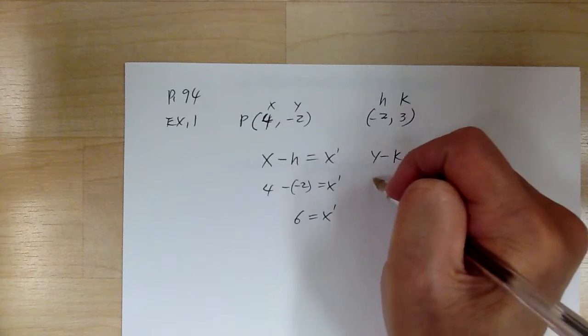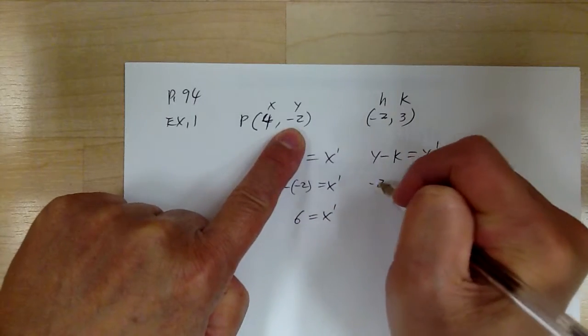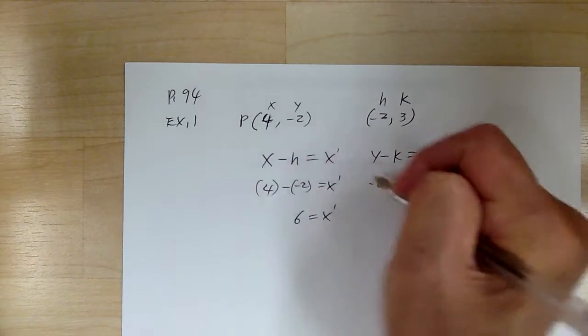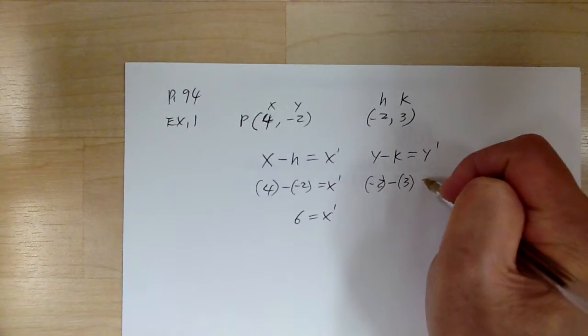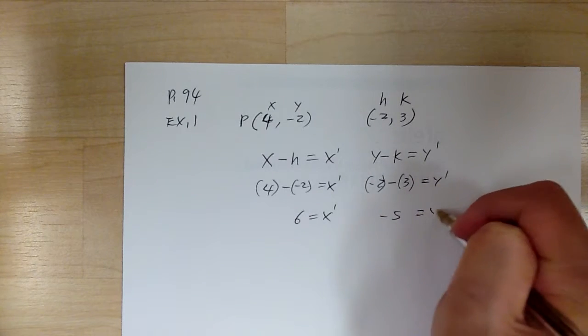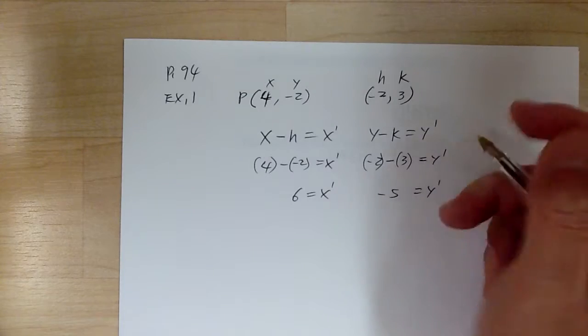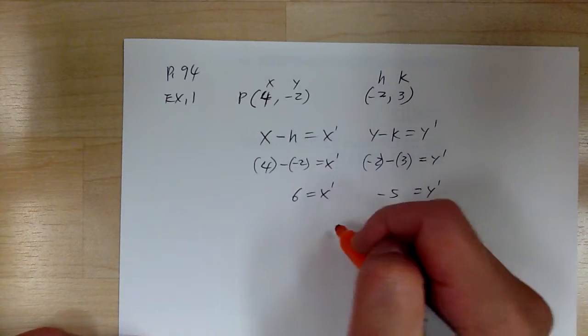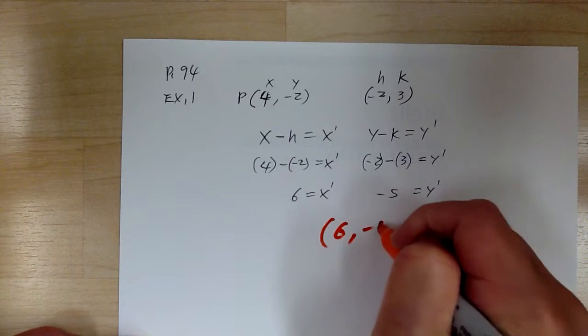And y is -2 minus k, which is 3, equal to y prime. So you get -5 equal to y prime. So the coordinate of the new point becomes 6, -5.